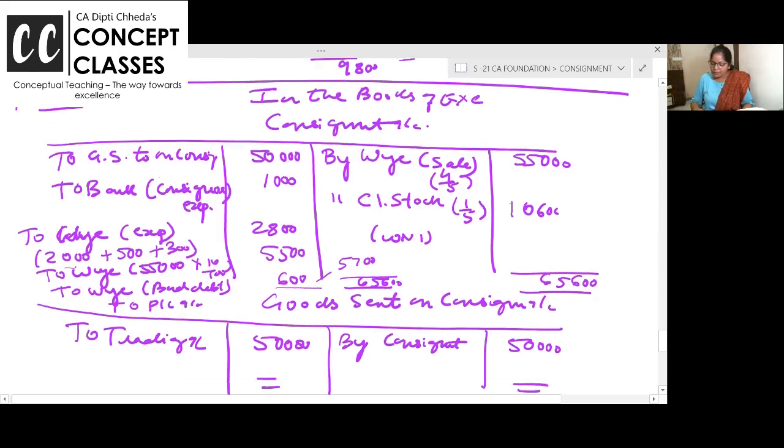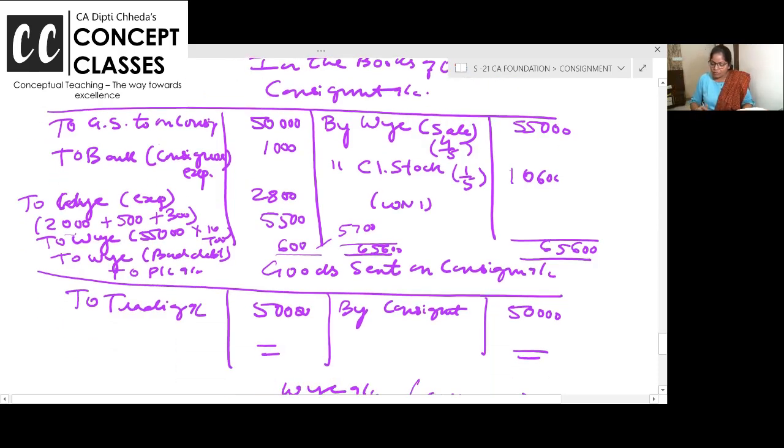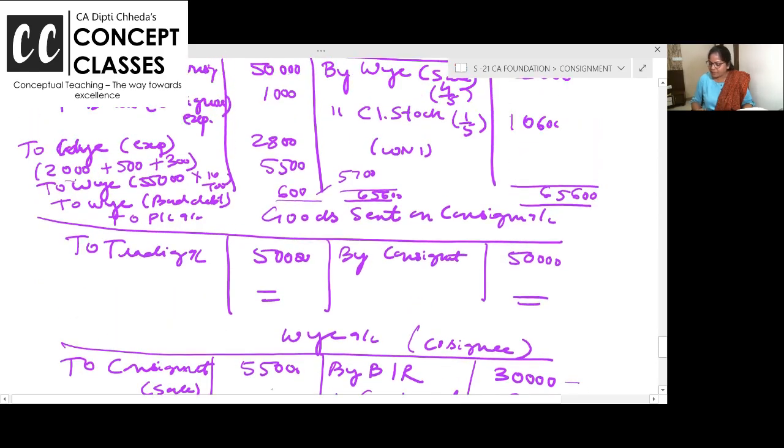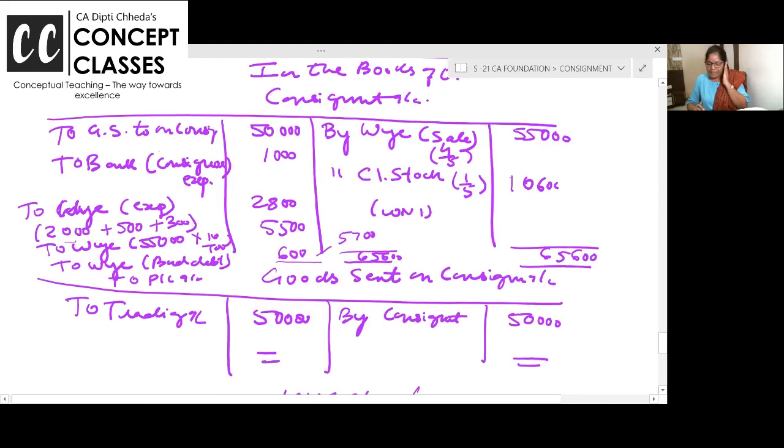Clear this problem. Consignment account, goods sent to consignment, Y, closing stock, bank, the format, everything is clear. Look at the format, your mindset will become clear.